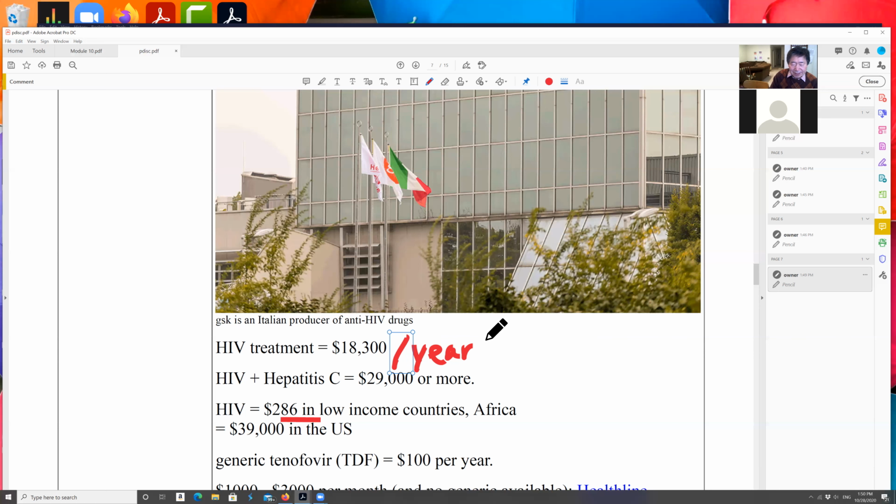So the effective length of the patent is only 10 years. You have a short 10 years in which you can make money. So they are forced to charge high prices, $100 per vial and so on.